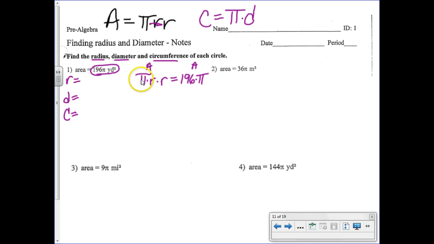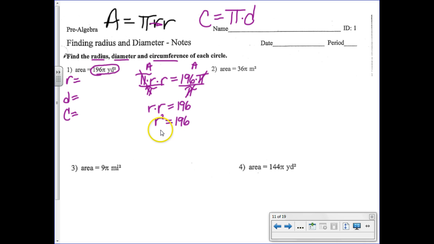Now, pi is a number, and it is perfectly legal to divide both sides of an equation by the same quantity or same value, and pi divided by pi would be 1. That means r times r equals, pi divided by pi is 1, 196. Aha! This means r to the second power is 196.